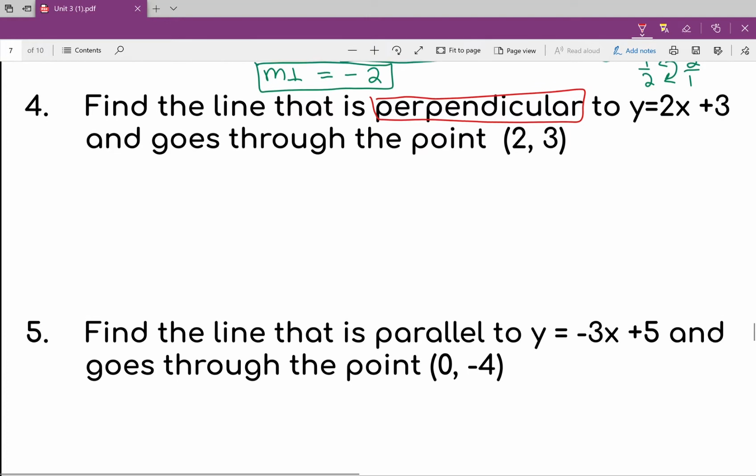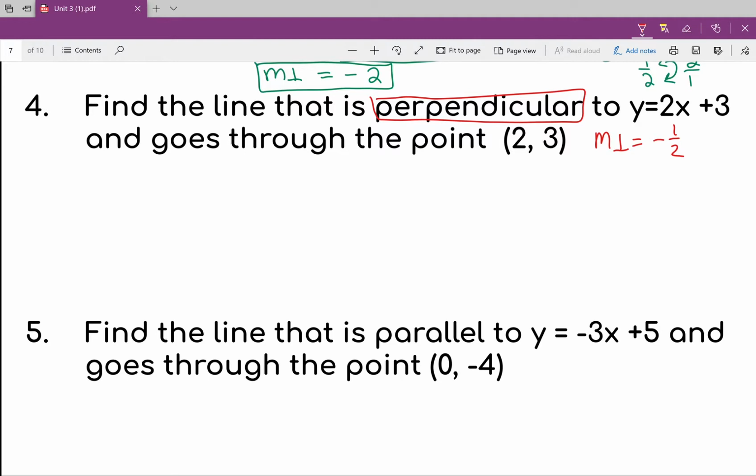First we need to find a slope that is perpendicular to 2. Remember, perpendicular means opposite reciprocal. The opposite of positive 2 is going to be negative. So the perpendicular slope is negative, and then if we took 2 and flipped it, that would become 1/2. So that's our perpendicular slope.